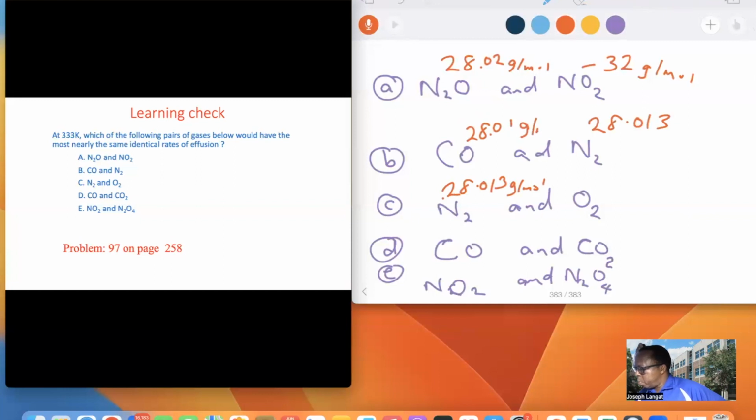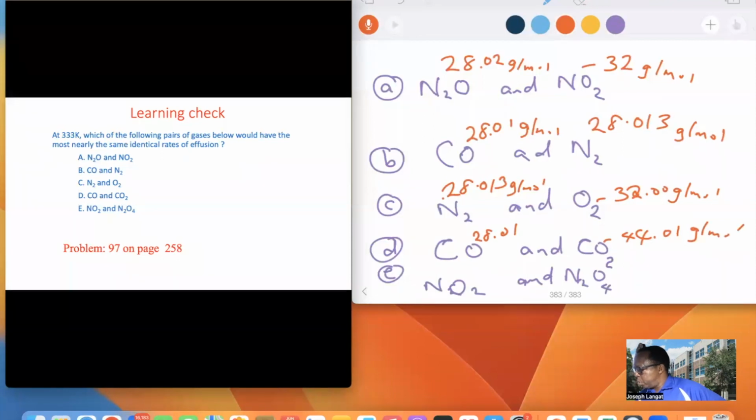For D, this is 28.01 and this is 44.01 grams per mole. And this is 46.0.